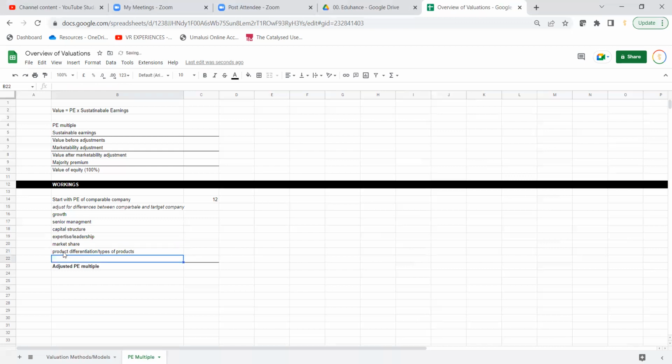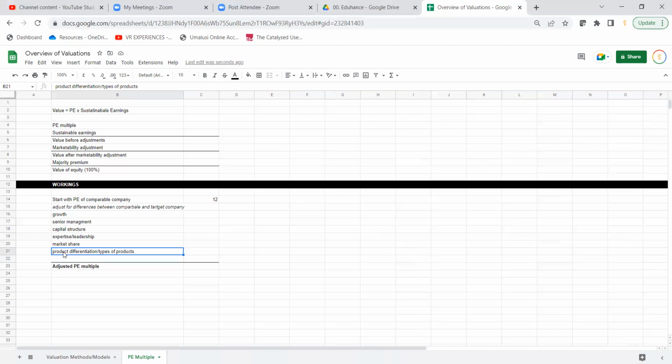For example, let's say the comparable company is a cosmetic company. This cosmetic company sells stuff for face, body, eyes, lips, nails and all of those types of things, hair and everything. But your company only does hair.